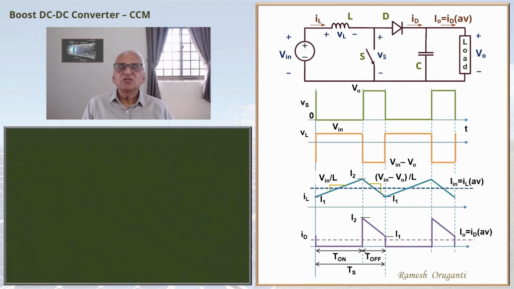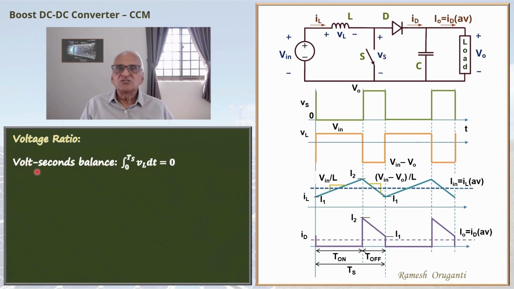Next, we will derive the equation for the voltage ratio or the voltage gain. We will take the inductor voltage waveform and apply volt-second balance. That is integral 0 to Ts VL dt equals 0. This is just another way of stating that the circuit is under steady state and the inductor current has to return to the initial value at the end of the cycle.